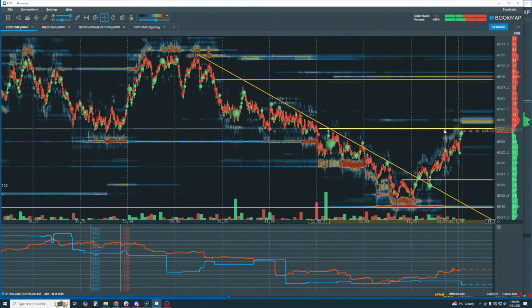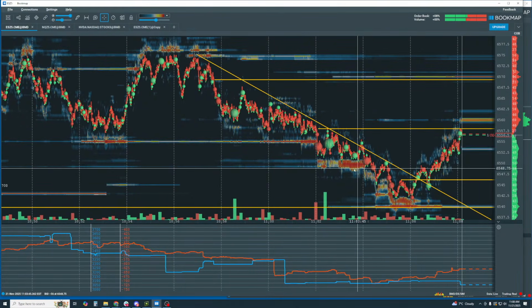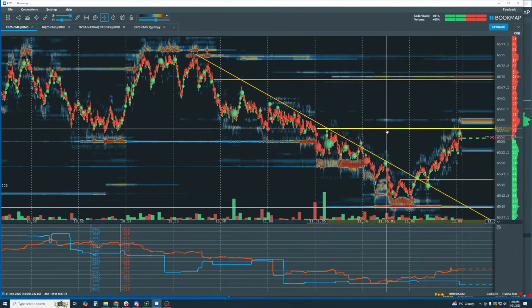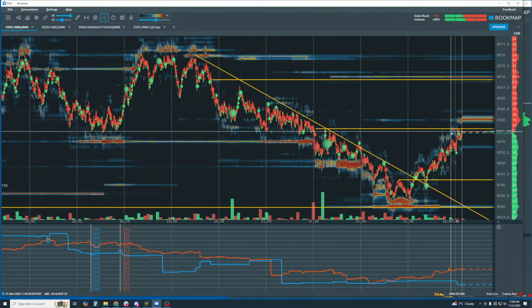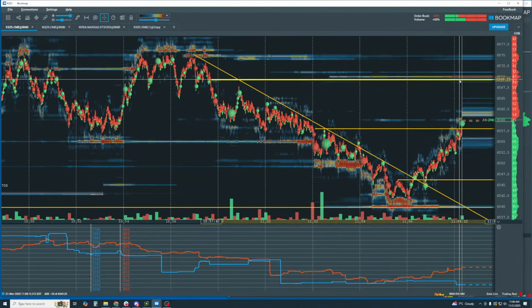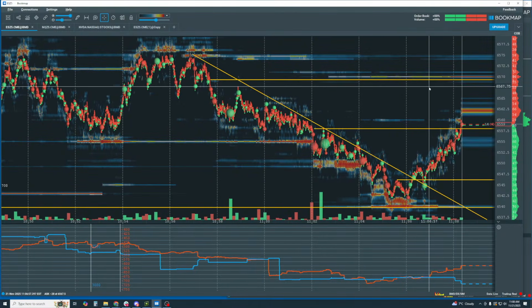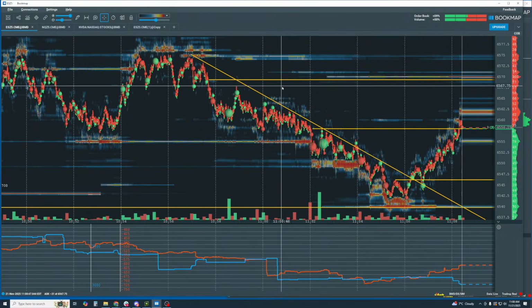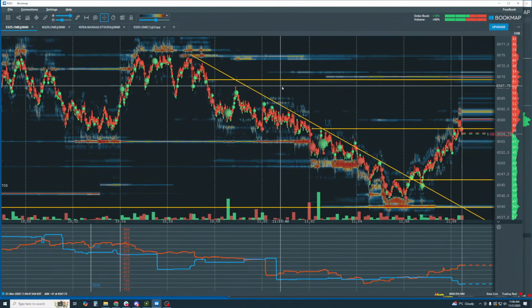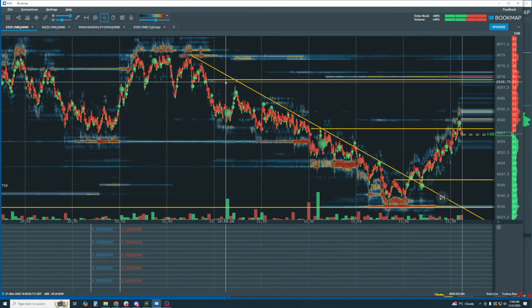Okay, so yeah, their first target. You're out, and then now you're looking for continuation, maybe back up to somewhere around here. I like the swing here at 67. So 67 to 70, something like that.